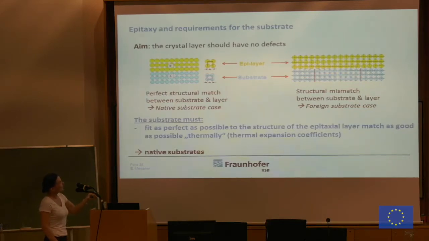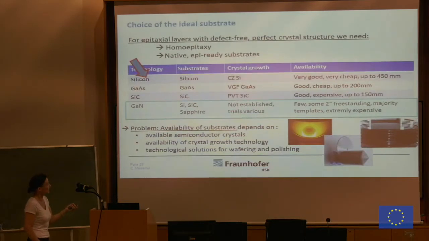So if you only consider the structural mismatch between the substrate and the epitaxial layer, you have the native substrate case here with a perfect match, and you have the foreign substrate case here where the lattice of the epitaxial layer on top does not fit perfectly to the bottom, which is the substrate. And for the foreign substrate case, additionally, you have to consider the thermal expansion coefficients. This is something that would only go away in the native substrate case, although we have all this discussion that it's too expensive and so on.